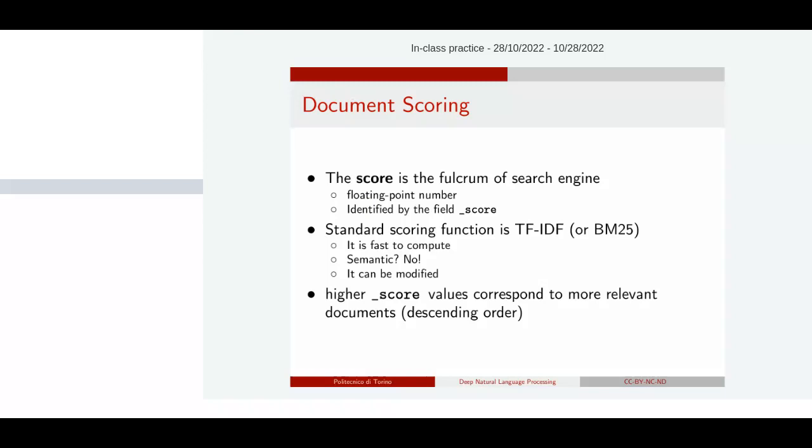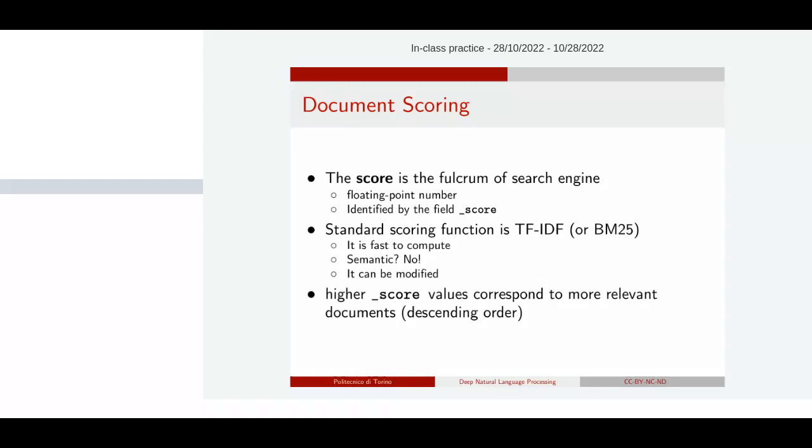The scoring function is the core of Elasticsearch. What I want to do is to associate a score to each query that is inserted by the user. The score function is the core of any search engine, and also of Elasticsearch.